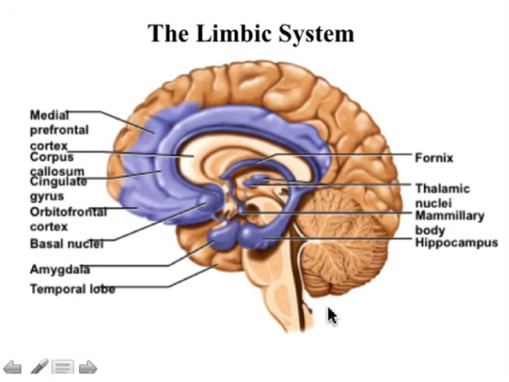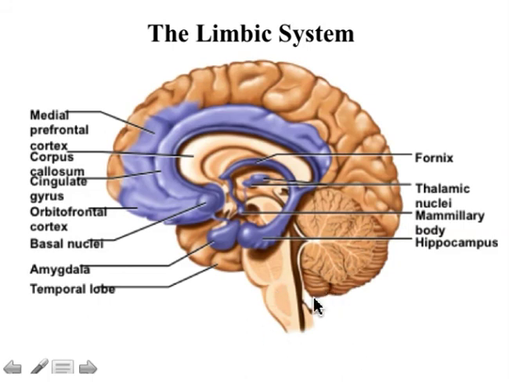The hippocampus is involved in the transformation of short-term memory to long-term memory. Think of it as your brain's videotape recorder. So you record what happens during the day, and then as you sleep, that information is read from the hippocampus into other areas of the brain involved in memory, and then we're able to recall that information at a later date.